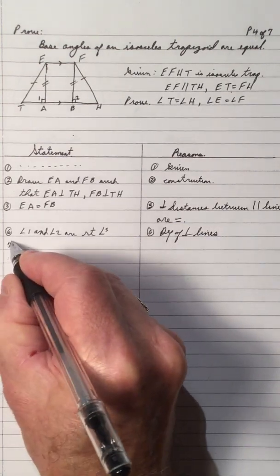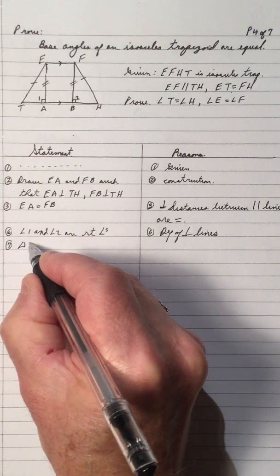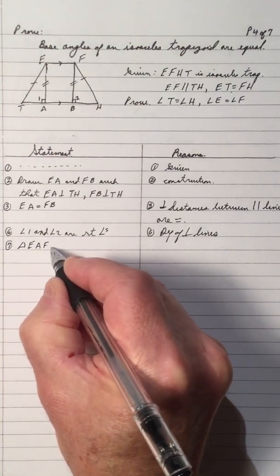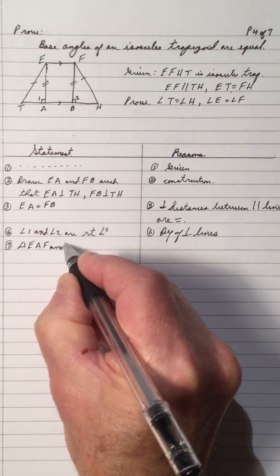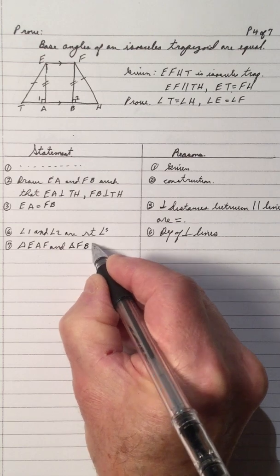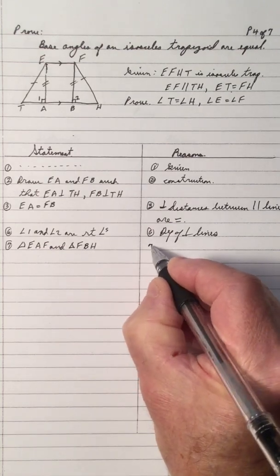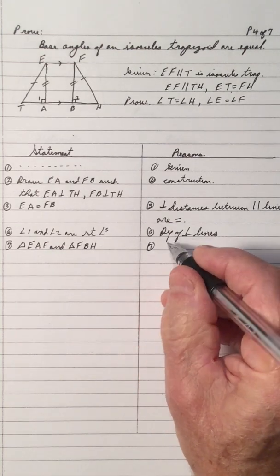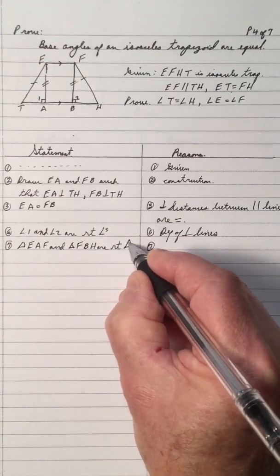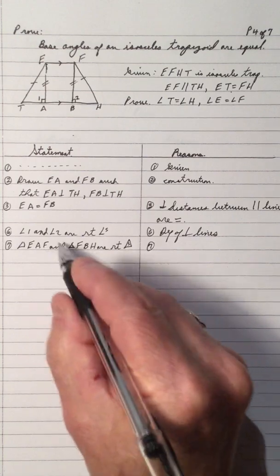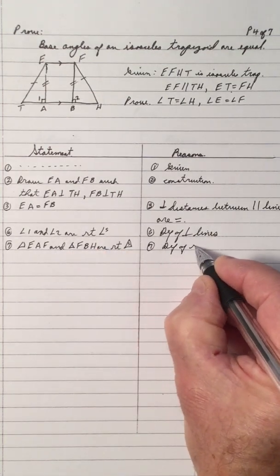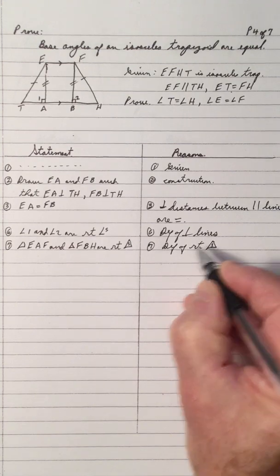That means that the triangle EAF and the triangle FBH are right triangles, because we have right angles, that's the definition of a right triangle.